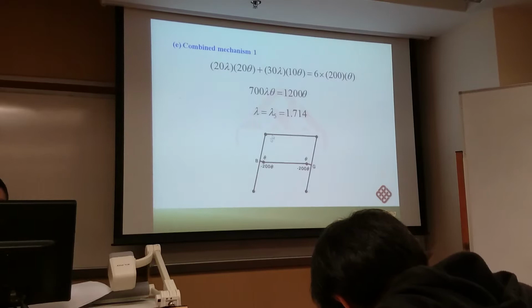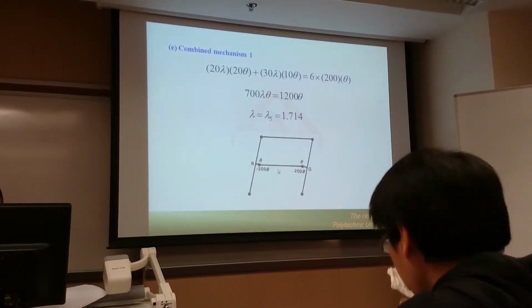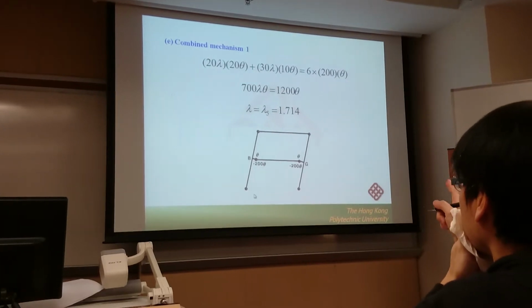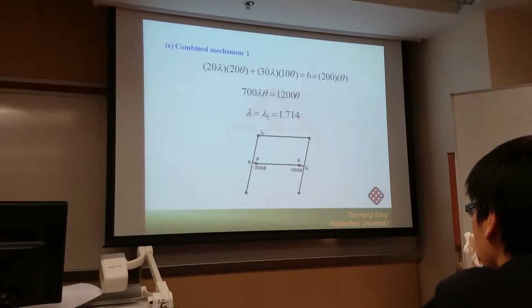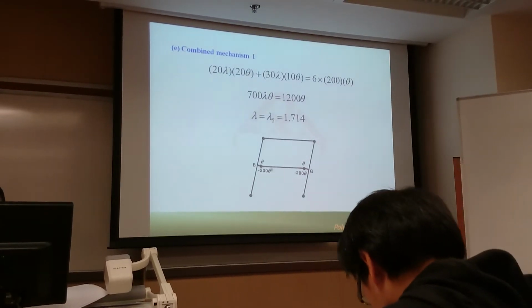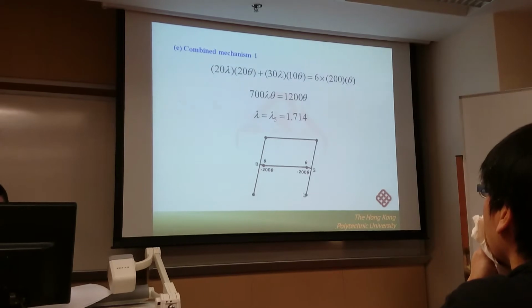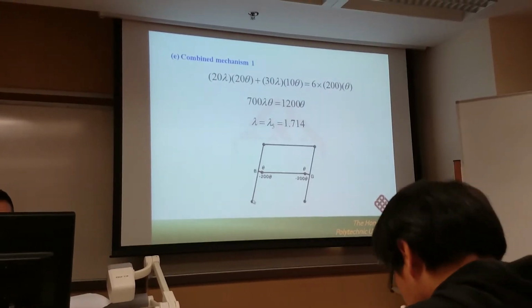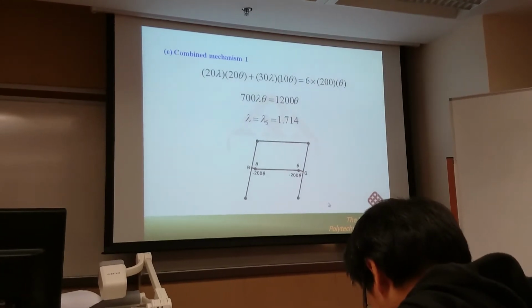So for 3 levels, they have different plus moment selection criteria. Here we have to take the lesser value. Here you just need to take the value for the beam. Here we have to take the moment for the column. That's all. So this is a different point.